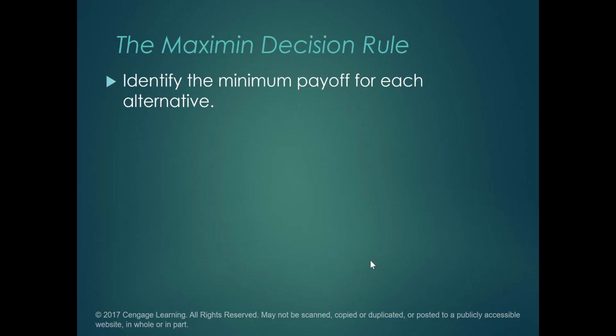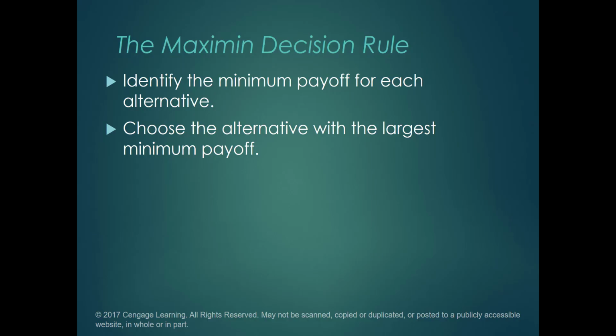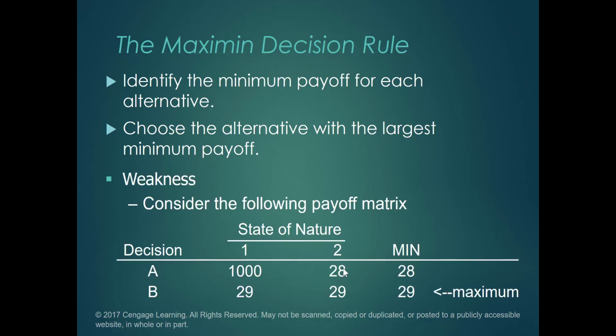Maximin is pretty much similar. We pick the minimum payoff of each alternative, then pick the maximum. We pick the alternative that has the maximum of the minimum payoff. So again, it has a weakness.